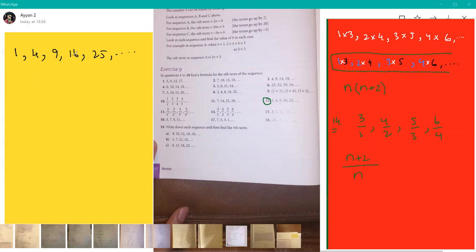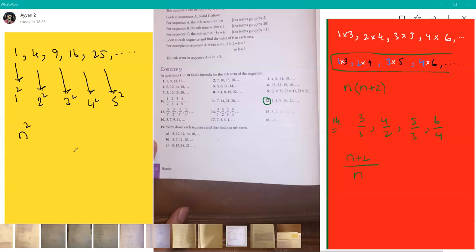Yes, 1, 4, 9, 16, 25. Squares. These are all squares. So this 1 is 1 square, this 4 is 2 square, this 9 is 3 square, this is 5 square. So its nth term is going to be n square.